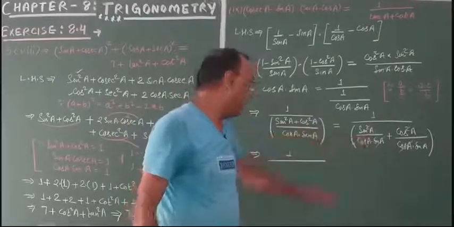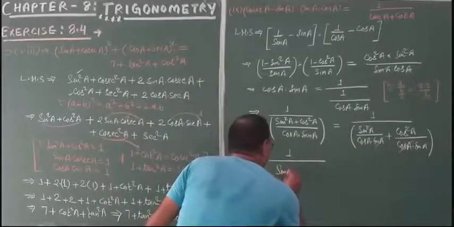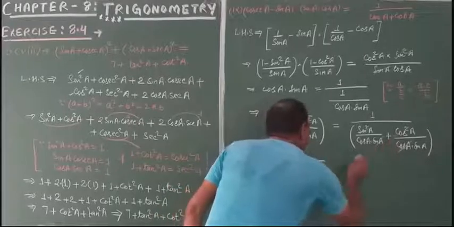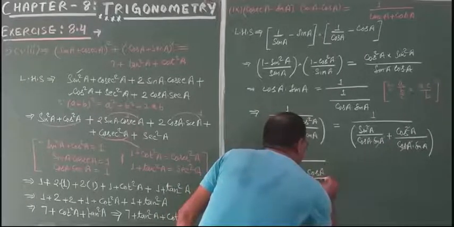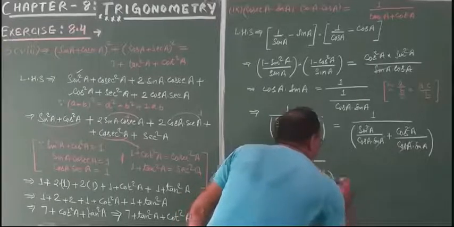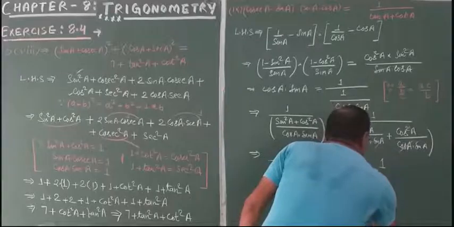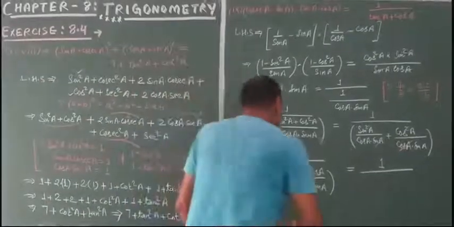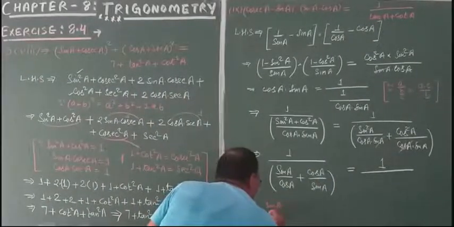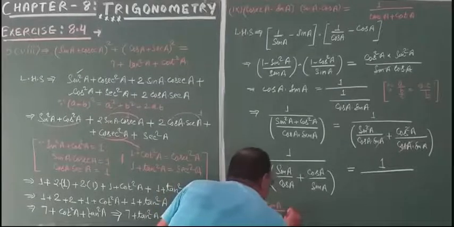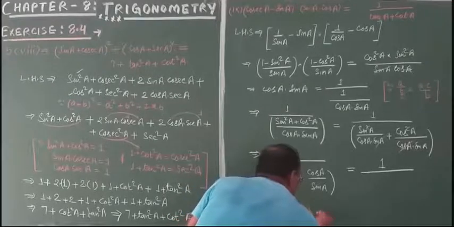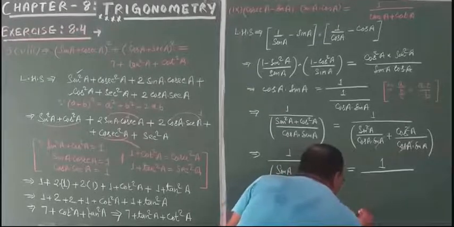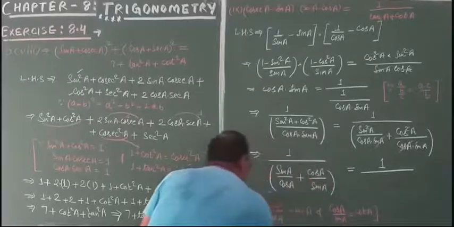Here we will be left with sin A upon cos A plus cos A upon sin A, and this will become 1 upon, just look here, sin A upon cos A is tan A. Sin A upon cos A is tan A, and cos A upon sin A is equal to cot A. These formulas I am using here.